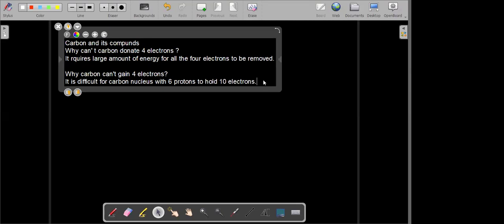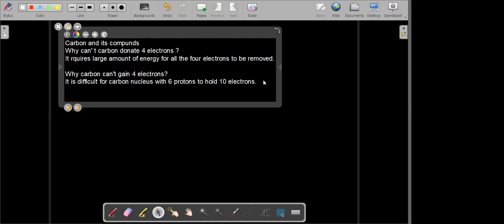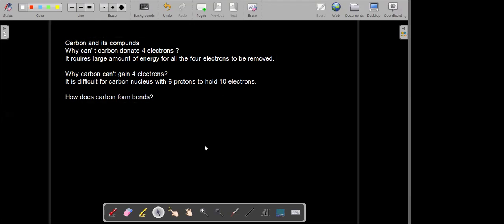Then how does carbon form bonds? We have seen the formation of carbon dioxide. We see the formation of methane. So how does carbon form bonds? See, now we have to start from here.